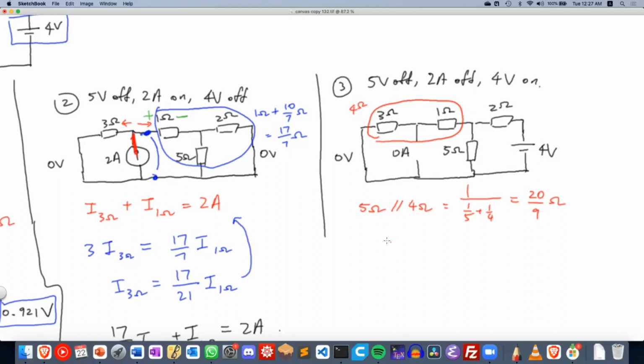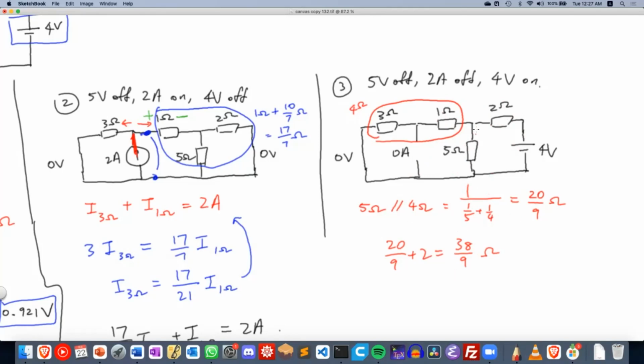Then your 20 over 9 is in series with your 2, so that gives you 38 over 9. So the total resistance of all 4 resistors, in the series parallel series configuration, is 38 over 9 ohms.